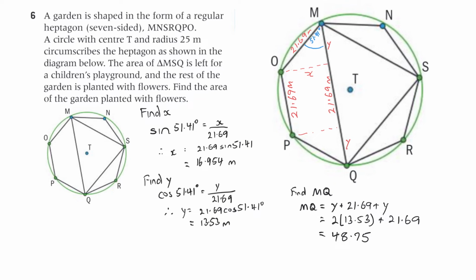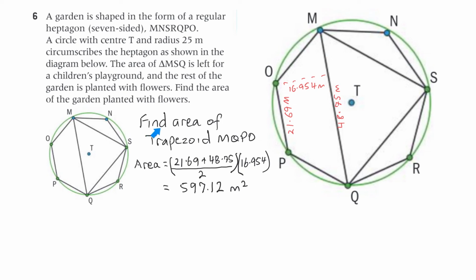So let's find Y. I'm going to use the trigonometric ratio of cosine. Cosine of 51.41 is Y, the adjacent over the hypotenuse. So it's Y over 21.69, and so Y becomes 13.53, so I found that. So I found MQ. MQ is going to be 2Y plus 21.69, which is 2 times 13.53 plus 21.69. That's 48.75.